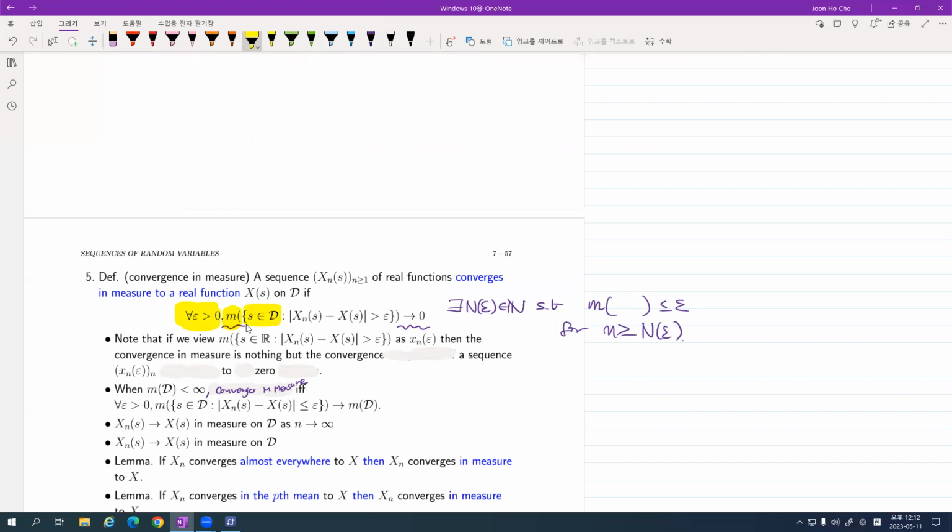In general, this greater than or equal to epsilon means not equal to 0, right? This set does not have measure 0, but small, right? And also, if you change n, how many measured subsets do you have? Countably infinite.